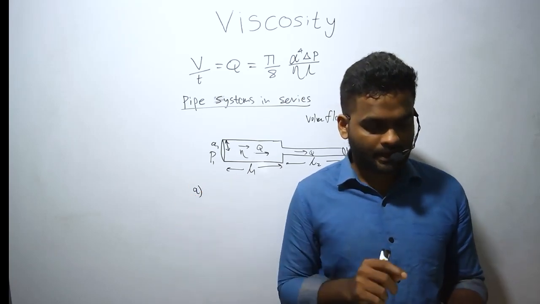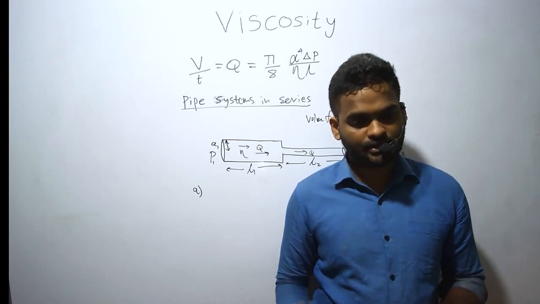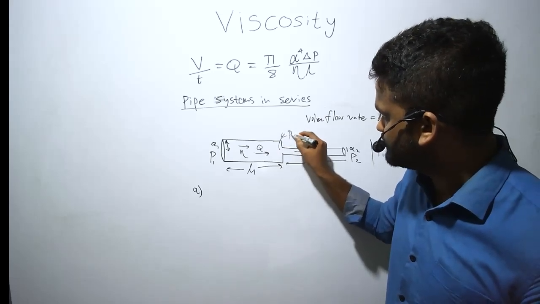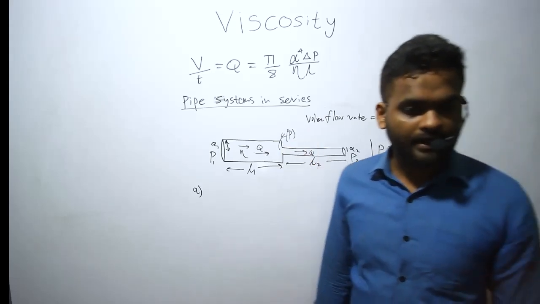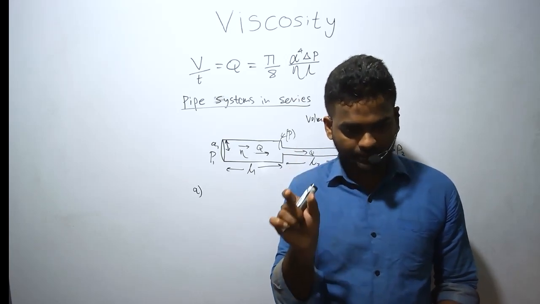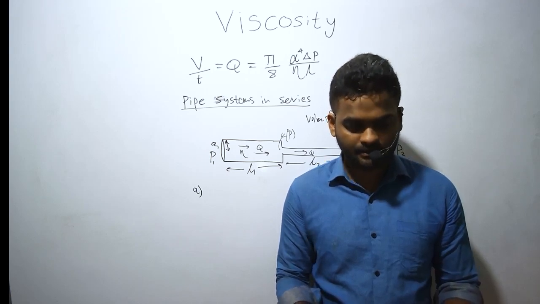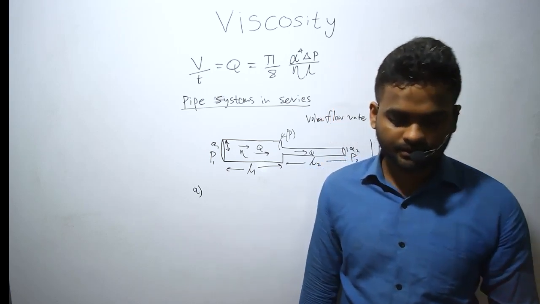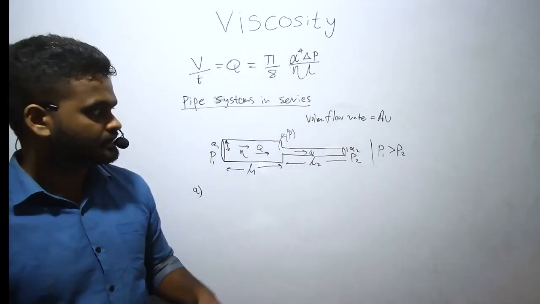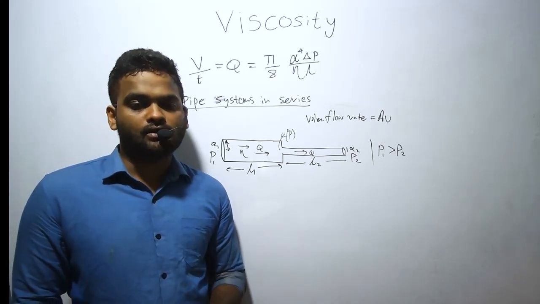Simple A. Write down: finding pressure, within brackets capital P, at junction, when Q is unknown.